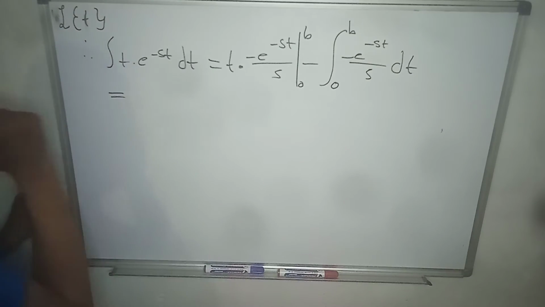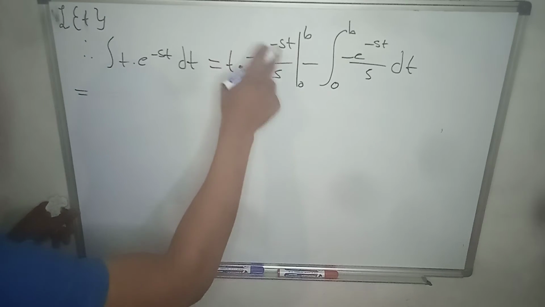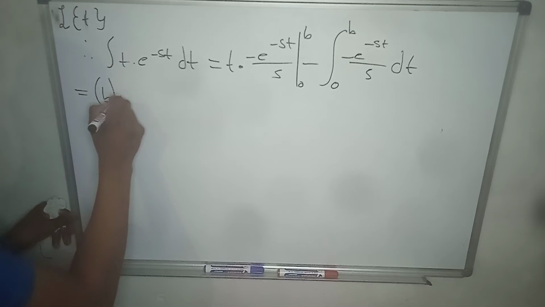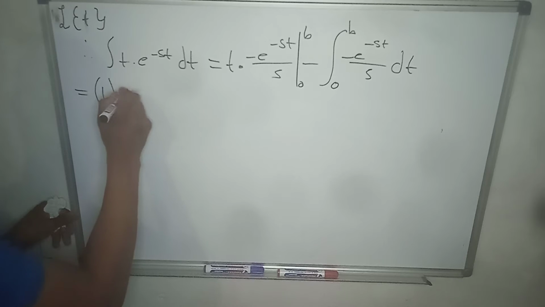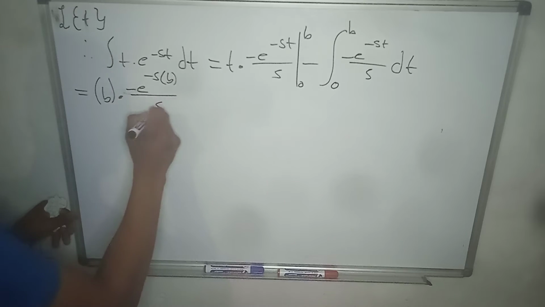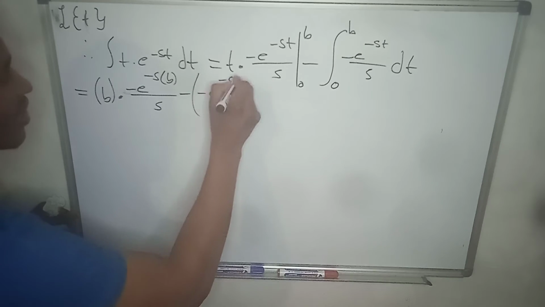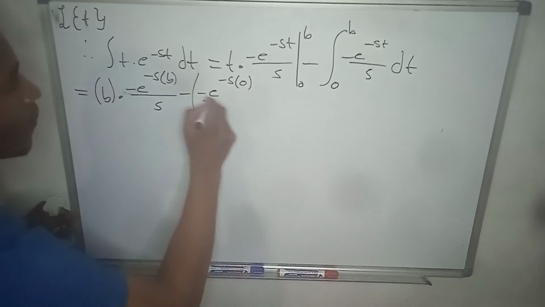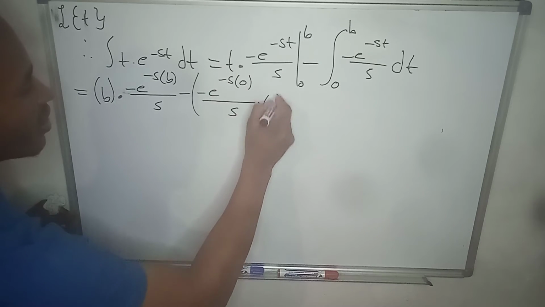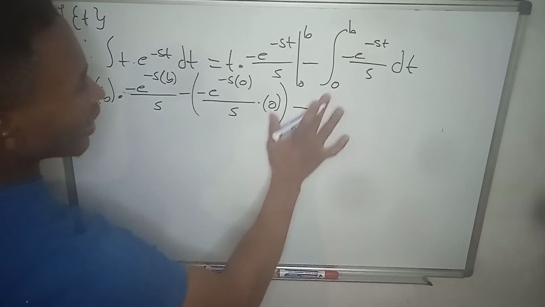If I start substituting, it will be t, which is b, multiplied by -e^(-sb) all over s, minus e^(-s times 0) all over s multiplied by t. Our t is 0 in this case, minus this integral.